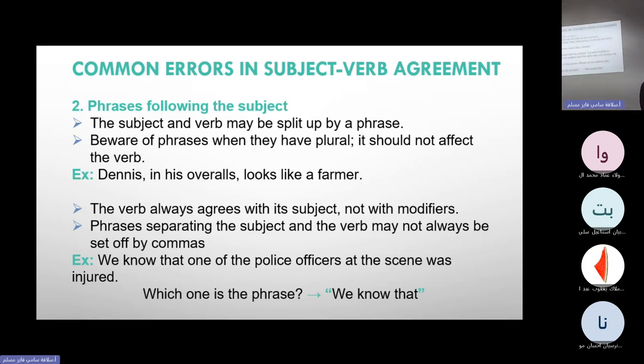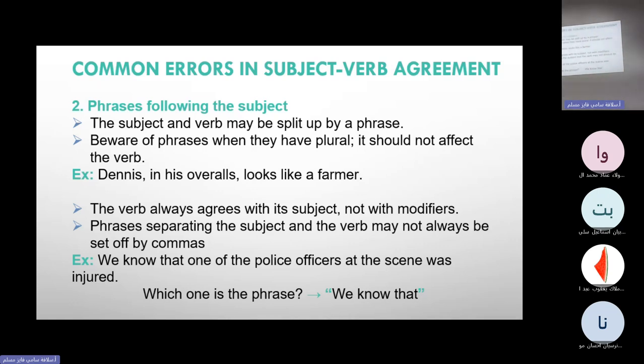Little and lives across the street are modifiers for the girl. So any additional information that is beyond the subject and the verb is called a modifier.